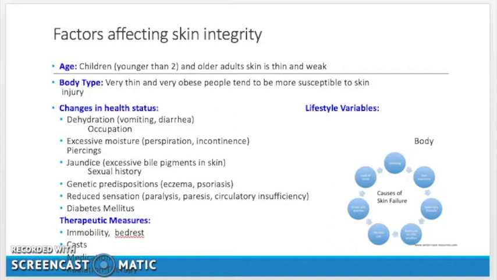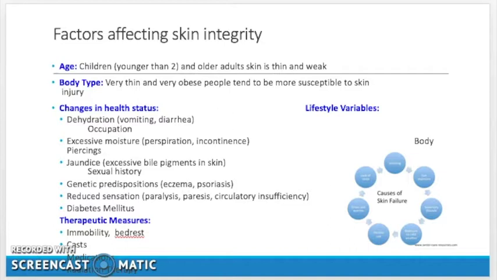Genetic predispositions, reduced sensation, and diabetes. Diabetes causes poor healing, recurrent fungal and bacterial infections, and ulcers of the lower extremities. Various therapeutic measures, immobility and bed rest, as well as casts with their rough edges, can cause skin breakdown.